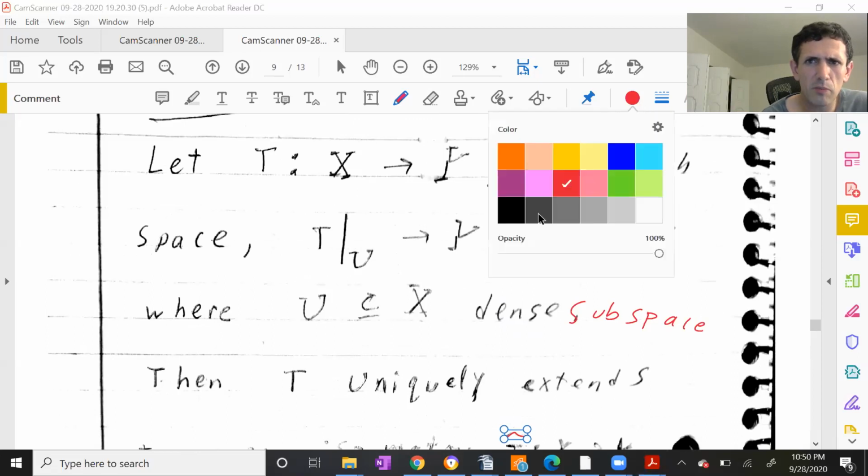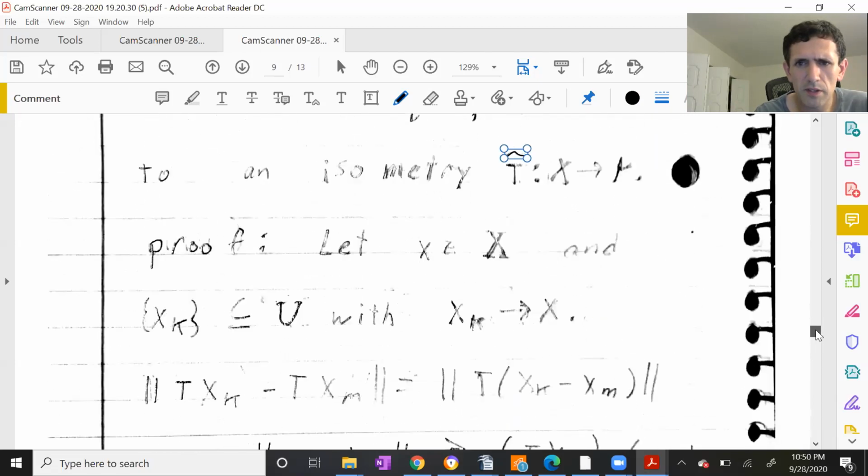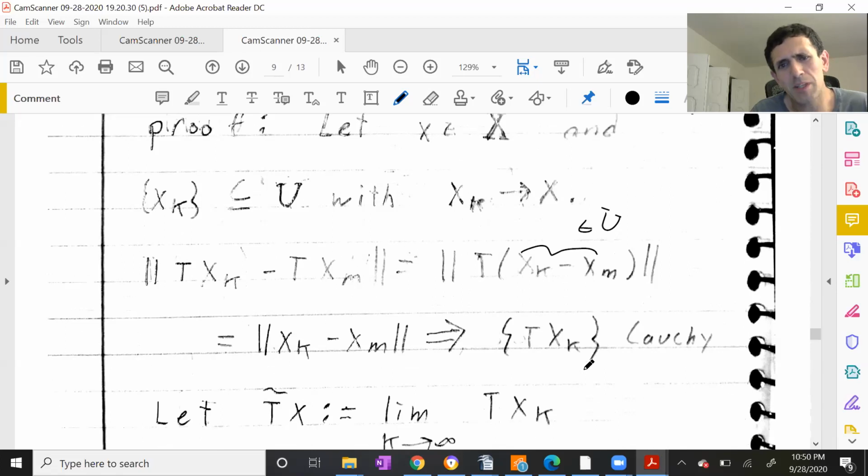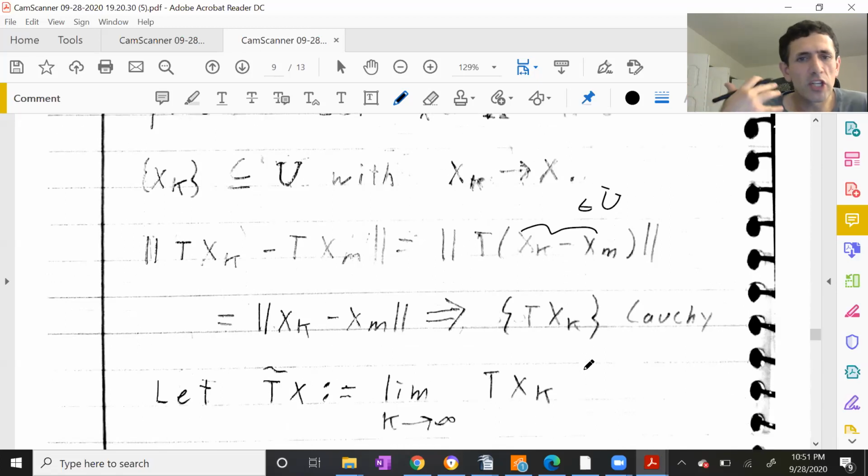Okay, so because it's a dense subspace, x_k minus x_m is in U. T is an isometry on U, so T goes away. Well, x_k is convergent, hence it's Cauchy. So T x_k is Cauchy, so it has a limit, and define T tilde of x to be this limit.